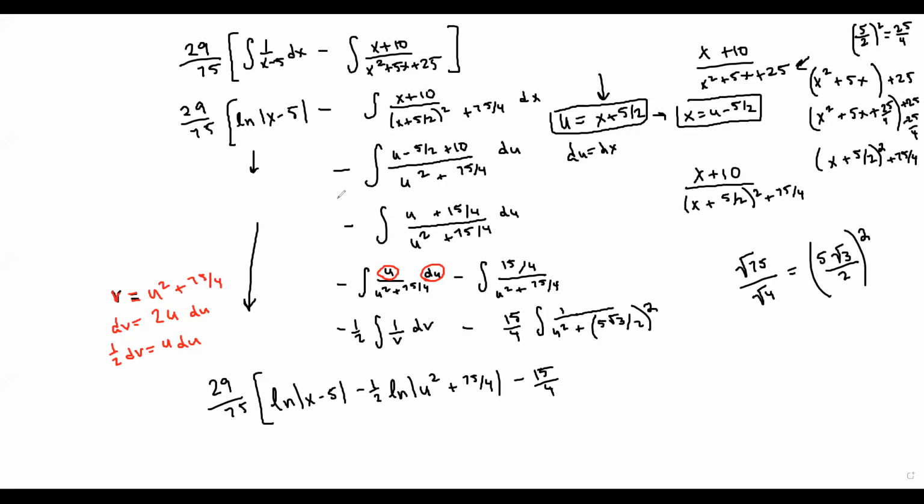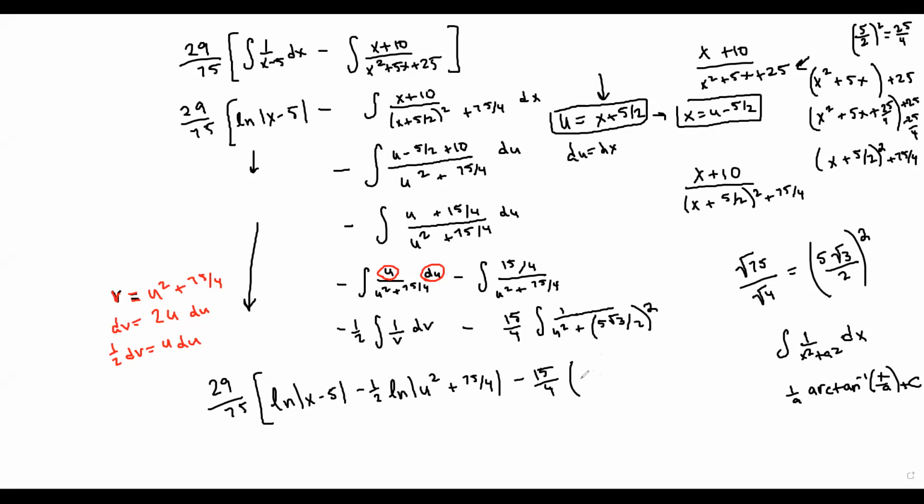So just a little reminder of that in case we're not feeling like the most confident. If we have 1 over x squared plus a squared times dx, this is the same thing as 1 over a times arctangent of x divided by a plus c. So we do have to divide by a, which is 5 times the square root of 3 over 2.